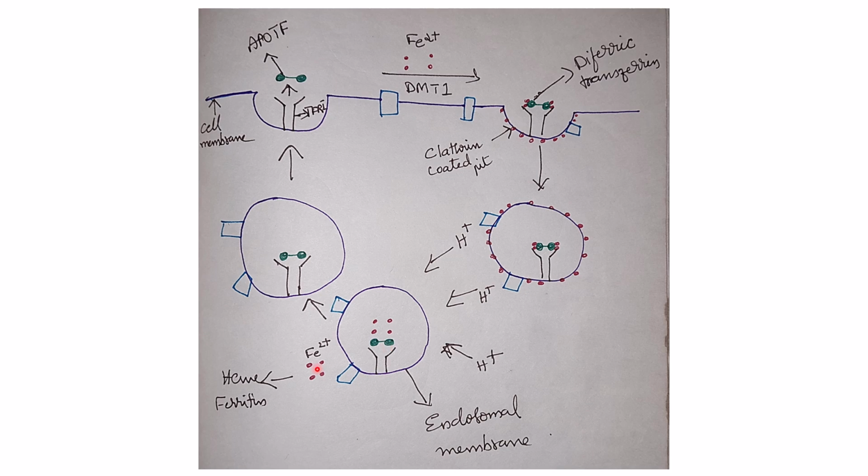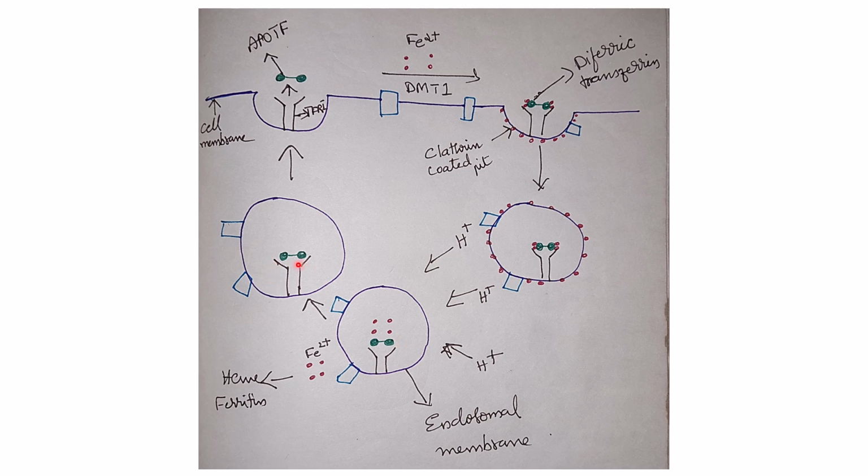The iron will be transported out of the endosome via DMT1, the divalent metal transporter 1, and this released iron will be incorporated into heme, or taken for storage into ferritin, or used for some other metabolism of the cell.